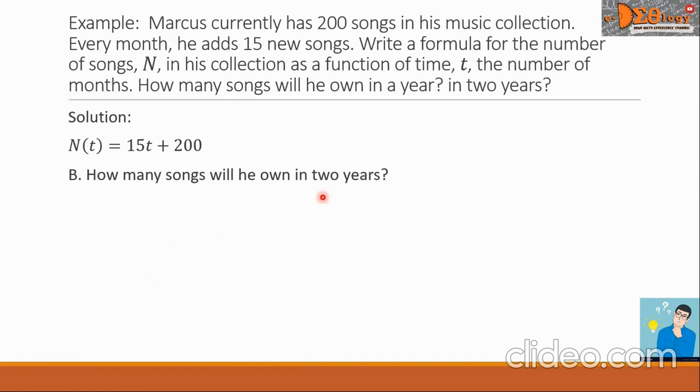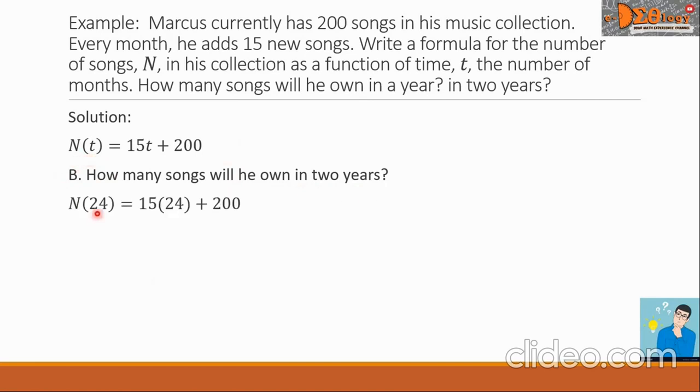Let's have the second problem. How many songs will he own in 2 years? Same function we're going to use, but again we know that t is representing months, so 2 years has 24 months. We will evaluate this function.